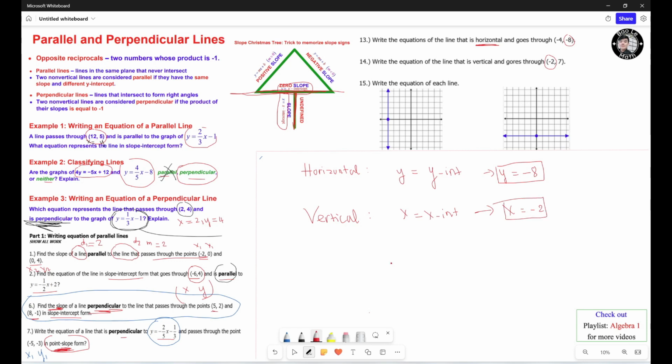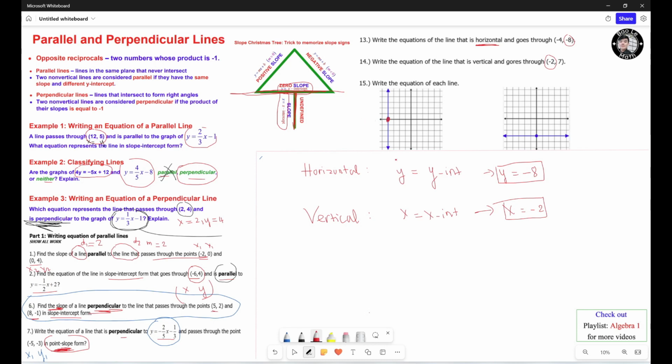Alright, let's move on to number 15. Write the equation of each line. Number 15 right here is going to be the opposite of number 13 and number 14. You see the vertical line right here? Vertical line, x equal x-intercept. The x-intercept right here is going to be how much? Negative 4.